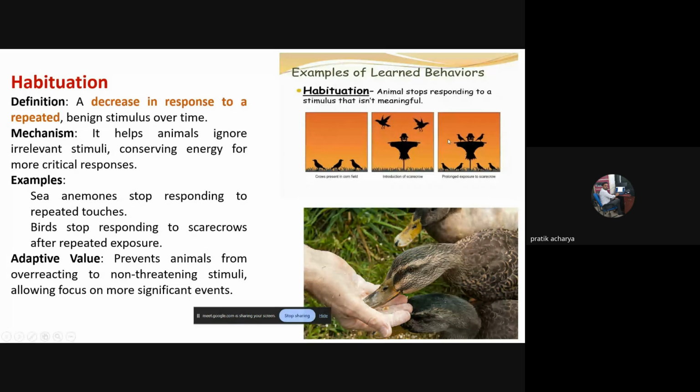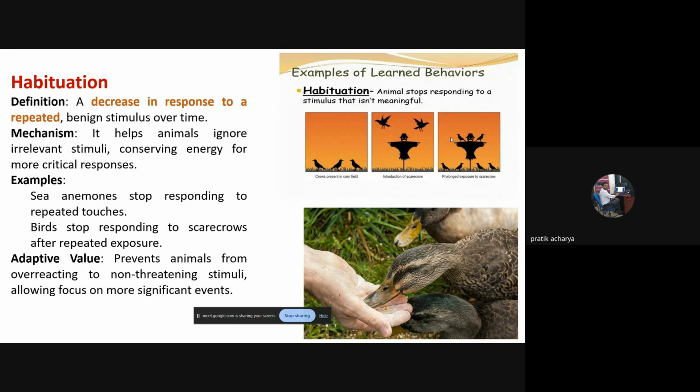But when they face the scarecrow every day, they become familiar with it. They lose their fear of the scarecrow, and they stop responding to it after repeated exposure. That is the process of habituation, mostly found in different organisms.